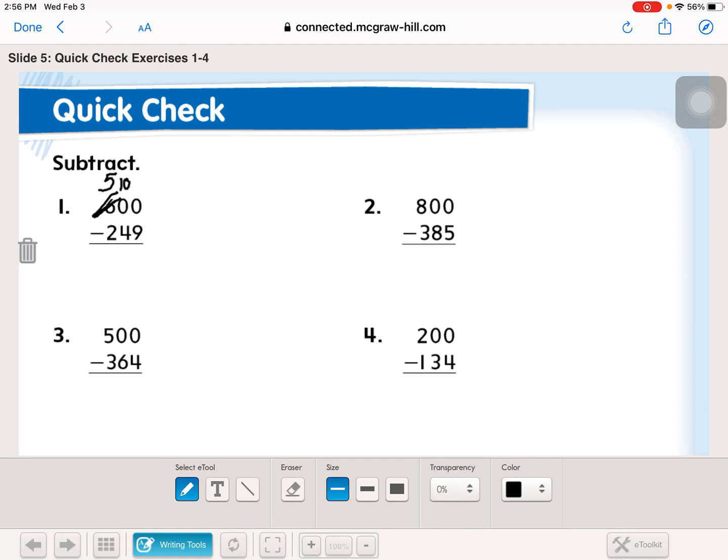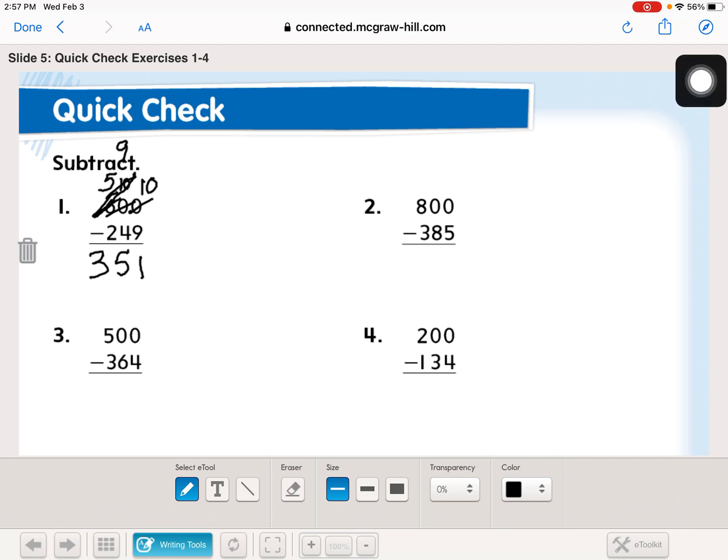But we still don't have enough on top to regroup in the ones place. So we're going to cross out our 10. This becomes 9. And now we have 10 ones that we can subtract. So 10 ones minus 9 ones is 1. 9 minus 4 equals 5. And 5 minus 2 equals 3.